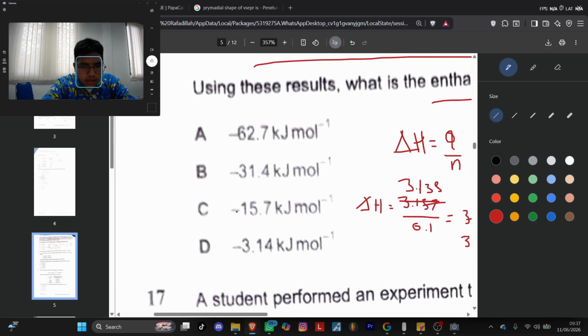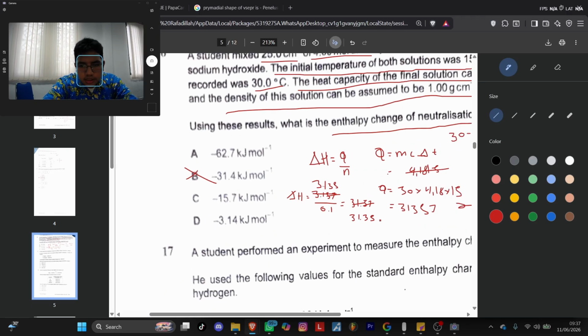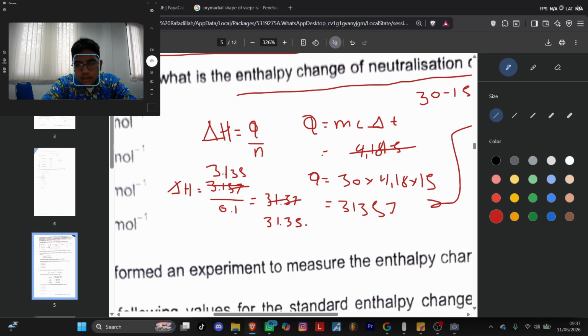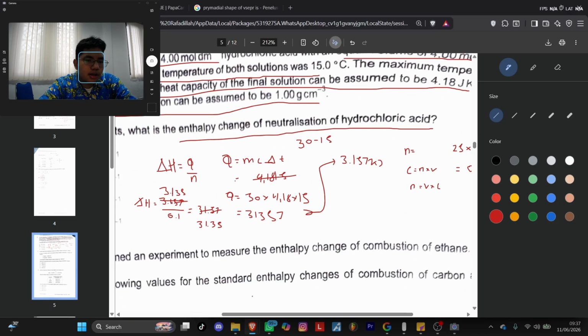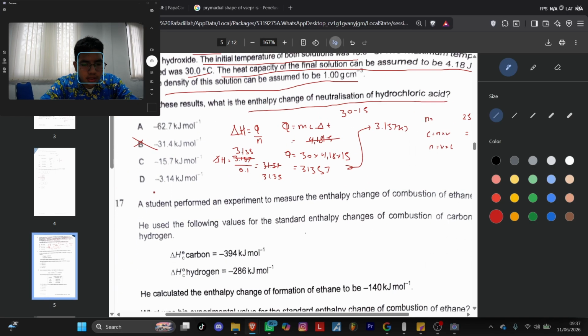So the most accurate one is B, because we just need to convert it into 3 sig fig, 31.4. That means the answer is B.